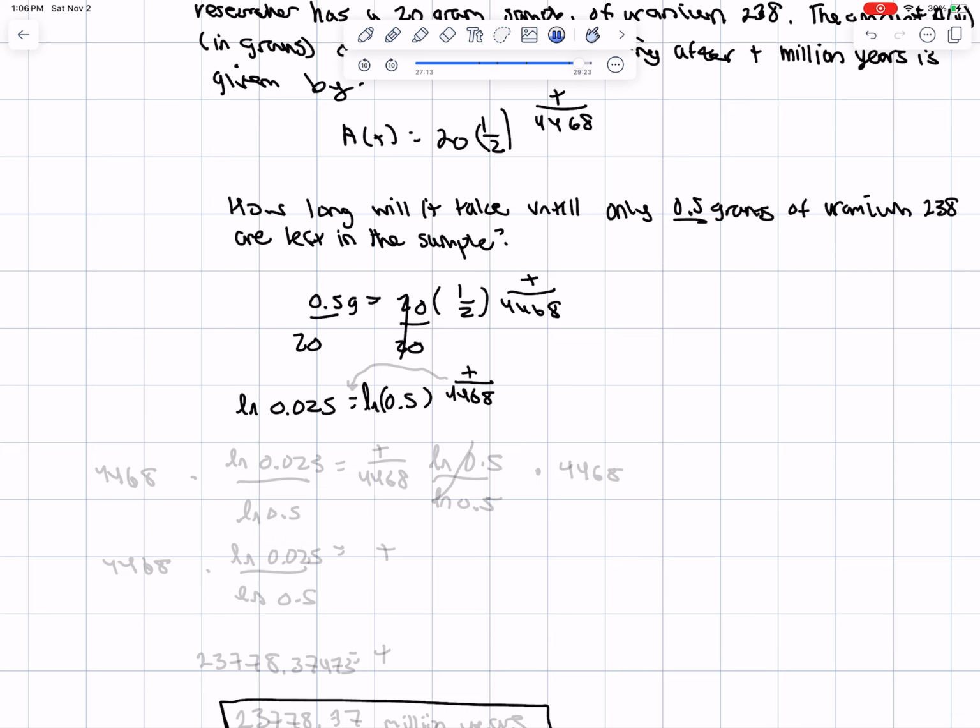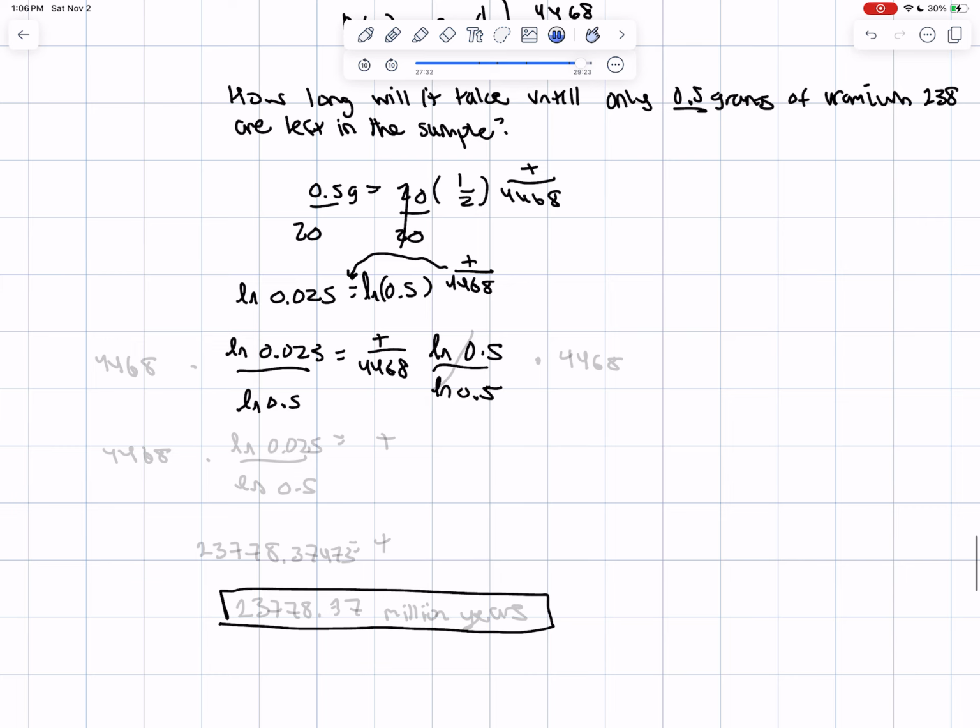So now I want to get T down because it's in the exponential position. Now we can divide the ln out. So you can see it's the same solution plan. And then I want to multiply. I'm just going to show that step here. I'm going to multiply the 4,468 out.